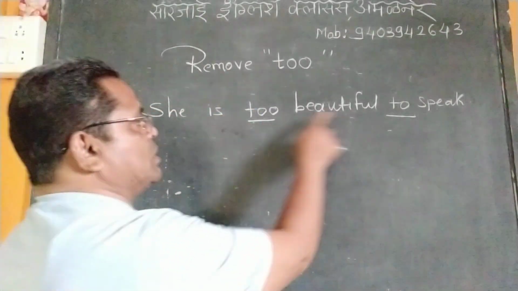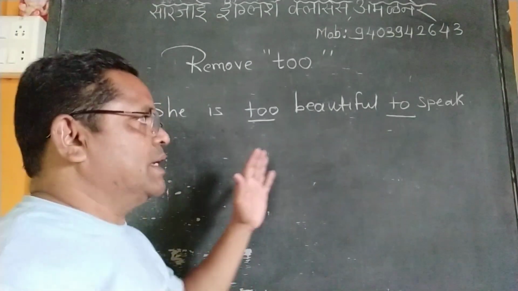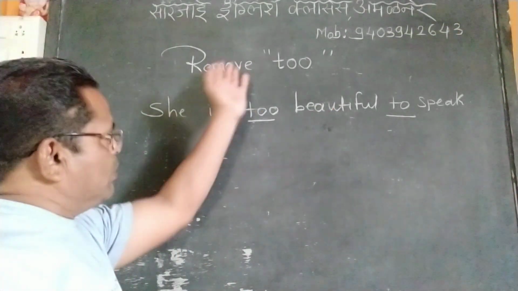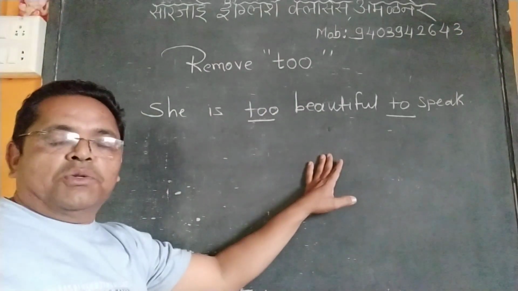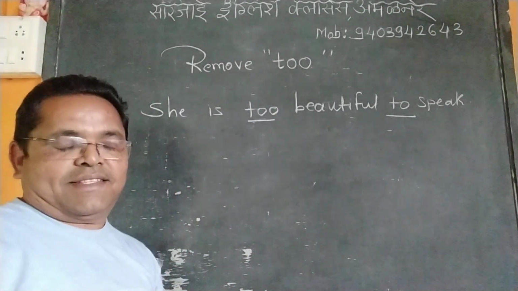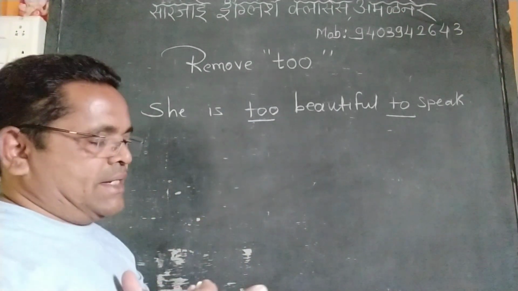We must remove this. Now, how can we turn this sentence? Basically, this is a simple sentence, and by using "remove to", with "so that", we are making this sentence a complex sentence. Remember, a complex sentence.